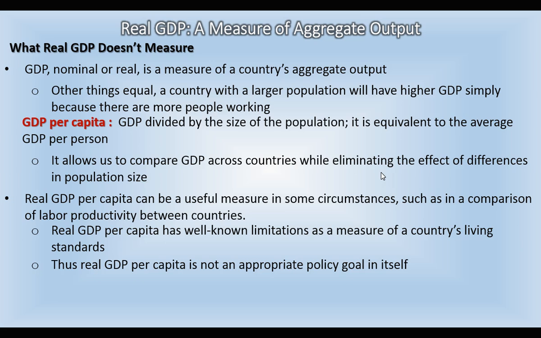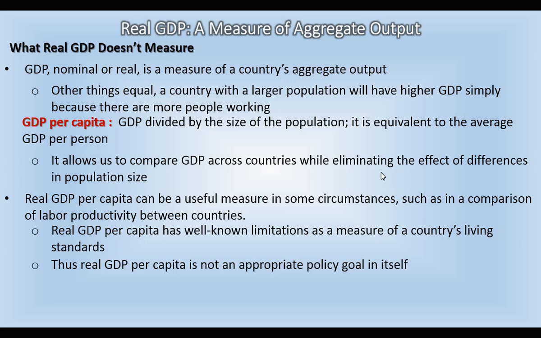And so even though you might have a lot of output in the country, and even seemingly a lot of output per person in the country, that doesn't necessarily reflect the amount of income that everybody is earning in the country, because a lot of that income might be going to small portions of the population. And therefore, we can't use real GDP as a means of gauging differences in standards of living across countries.